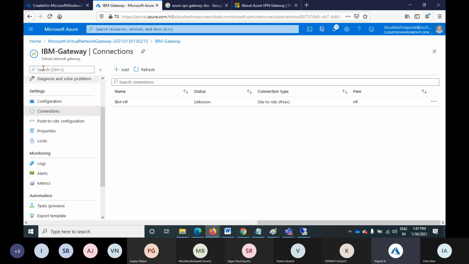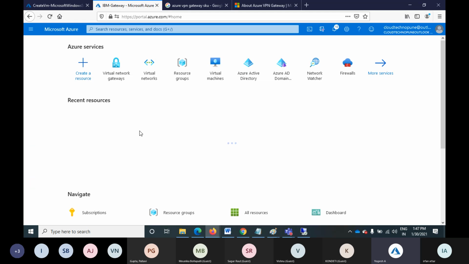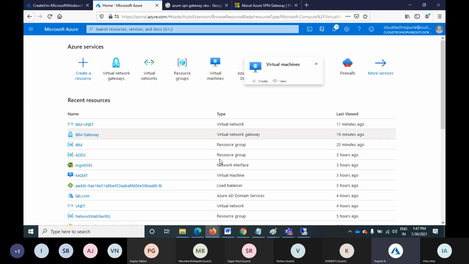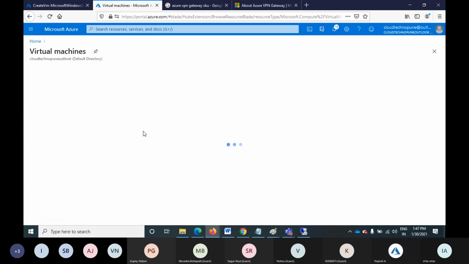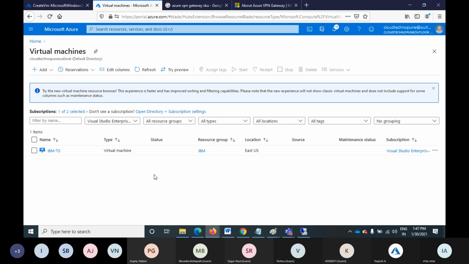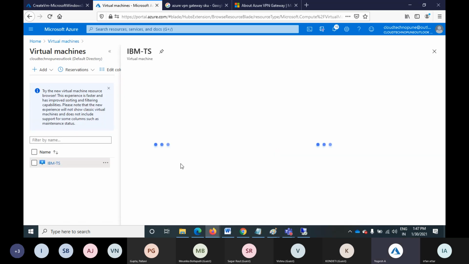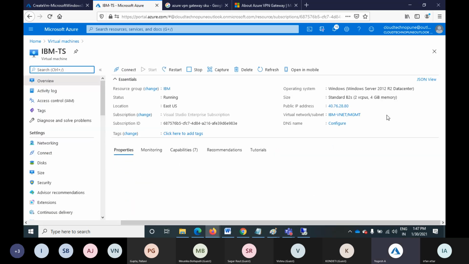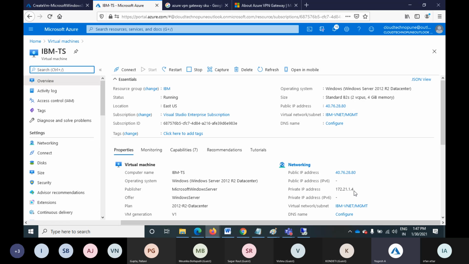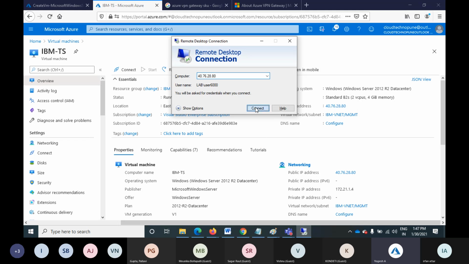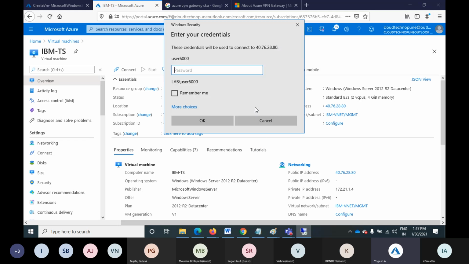Okay, so the connection we have created, and let me check the virtual machine. IBM. Okay, so this is the IP address 21.1.4, and this is the public IP of the machine. Let's try to connect by using the public IP.